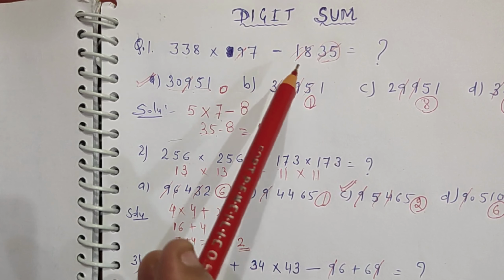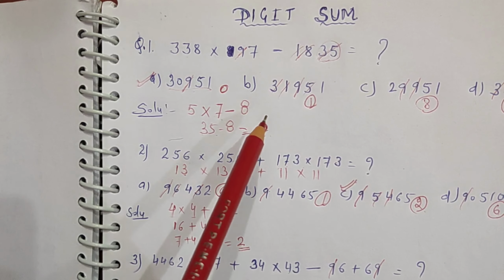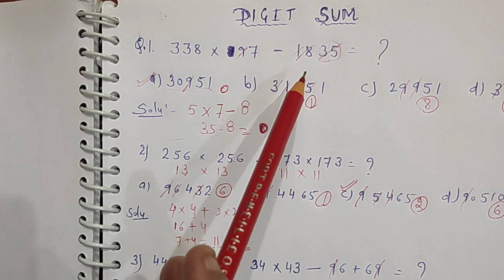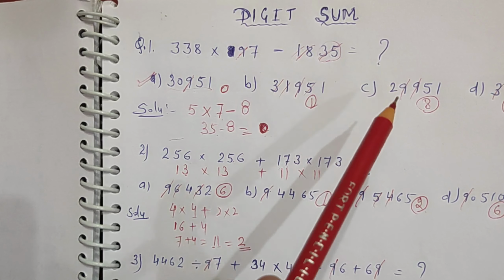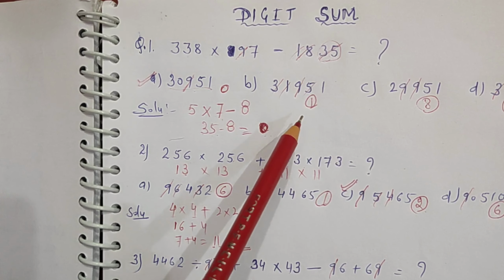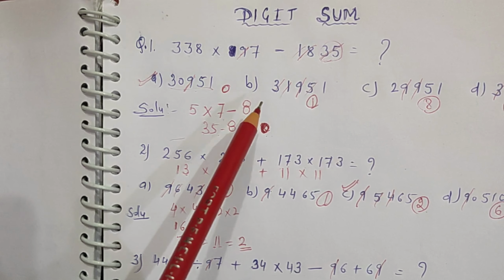Digit sum cannot be used where approximation is applied. Remember, we can use digit sum only where the exact answers are given. It's not applicable for approximation answers. Number one.